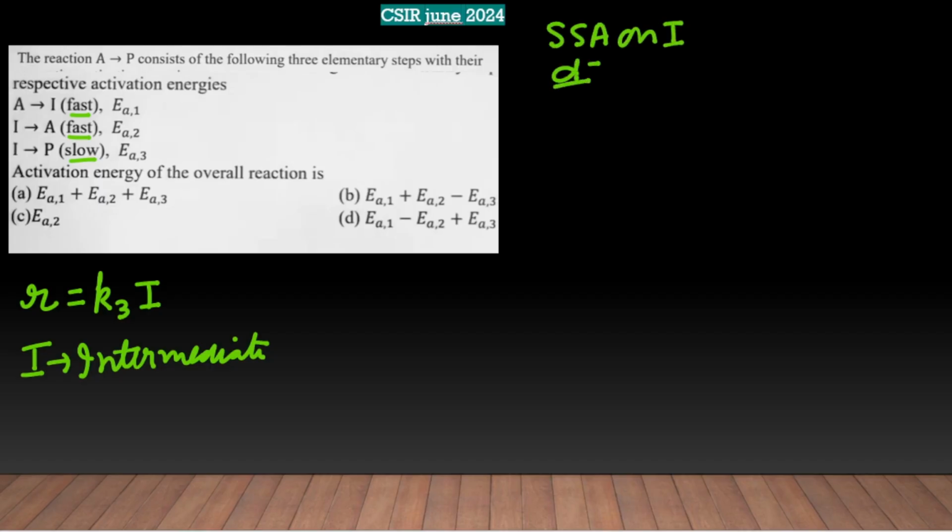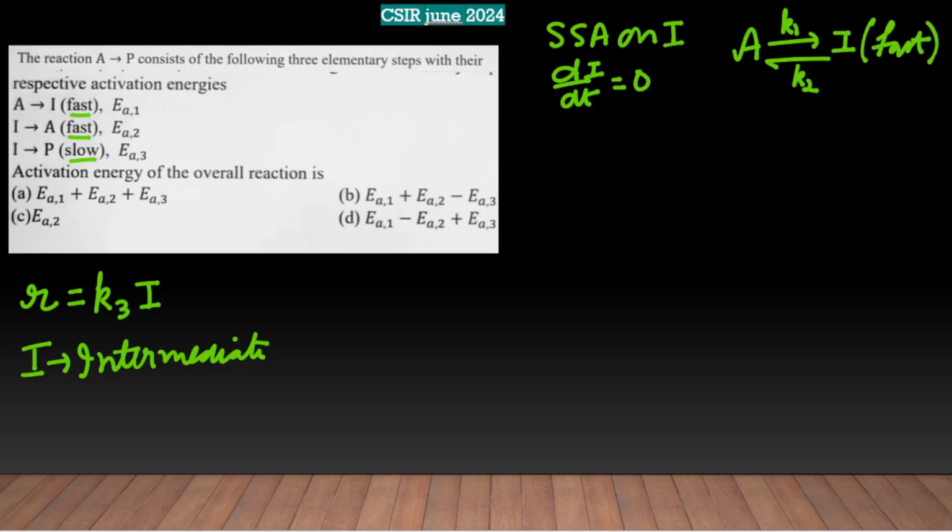That means dI by dt will be equal to 0, or we can also make use of the equilibrium approximation, because here the reaction is A to I with rate constant K1, and I to A with rate constant K2, and both of these are fast steps.